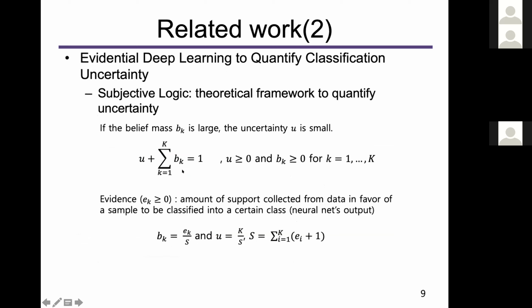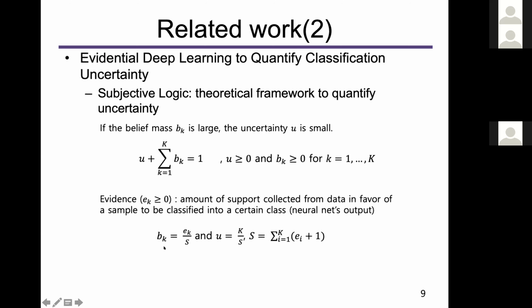So in the previous one, with the softmax layer, only this term was used without uncertainty, but they introduced a new term, uncertainty, and they also introduce a new term, evidence, and we can compute belief and uncertainty from this evidence.